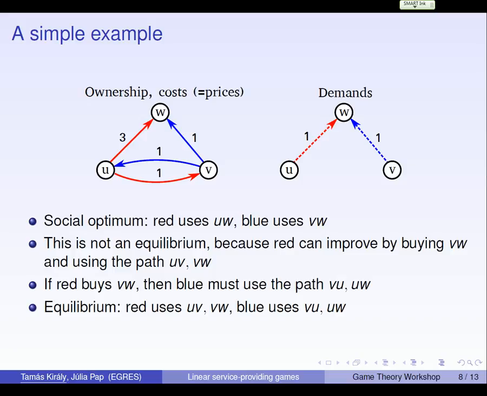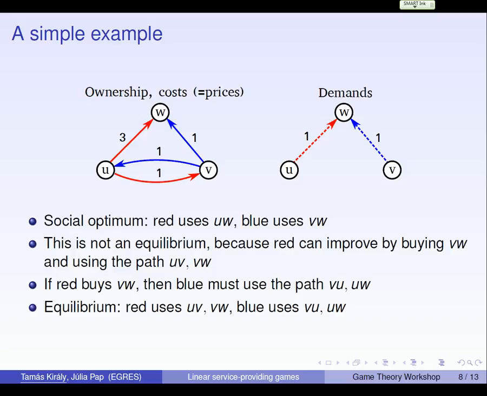But now red is better off if he buys this arc from blue, and then he has a path of cost 2. So the social optimum is not in equilibrium because red player has a better strategy which is feasible for him, because he is not interested in satisfying the capacity in this arc.